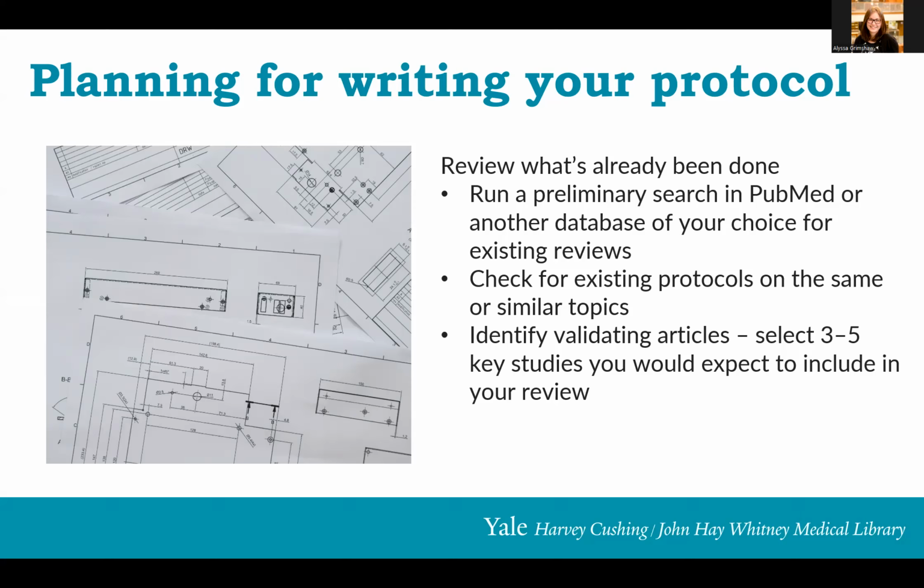So I recommend that you run a search in PubMed or another database of your choice and limit it to reviews. I will say that scoping reviews are frequently missed, indexed or titled as systematic reviews. So I would search for both scoping and systematic to firmly understand what high level evidence synthesis information is available.